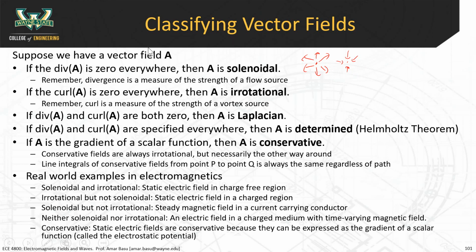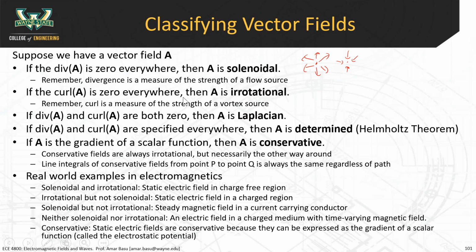Okay, and if the divergence is 0 everywhere, then you can say that the definition is that A is solenoidal. Solenoidal means it has no sources and no sinks. A source would be something where the field vector lines are going away from there, and it has a positive divergence. A sink is where you have the vector lines going in, and the divergence is negative at that point. Okay, so if the divergence is 0, that means you don't have these sources and sinks, and the flow is solenoidal.